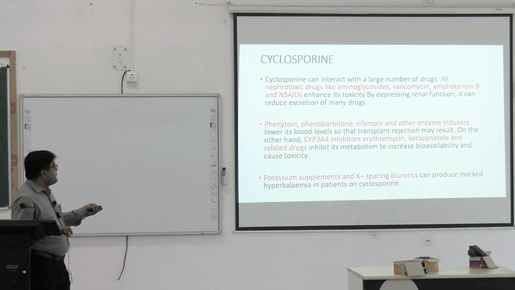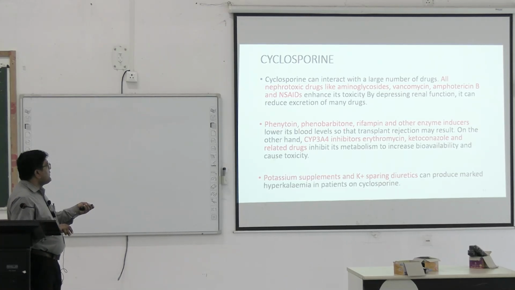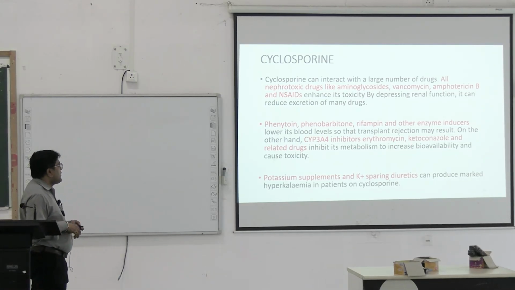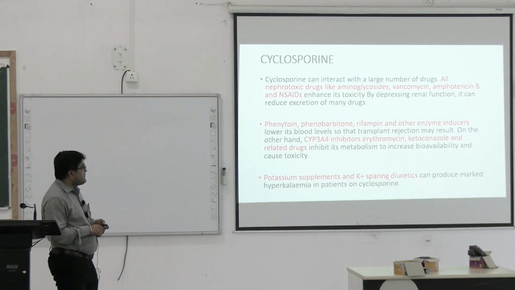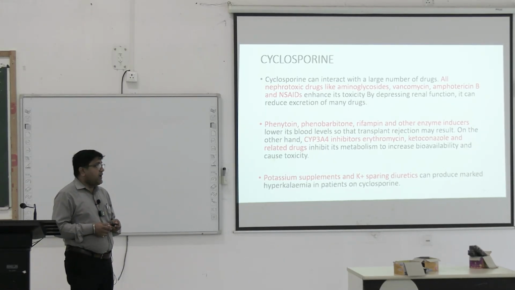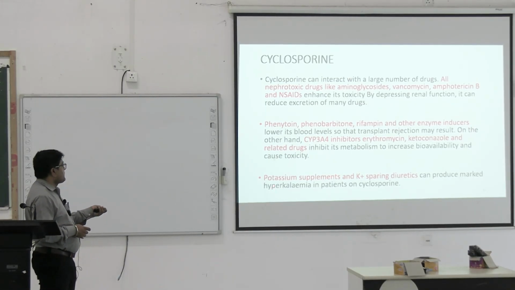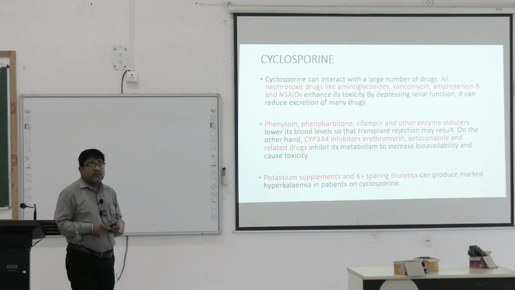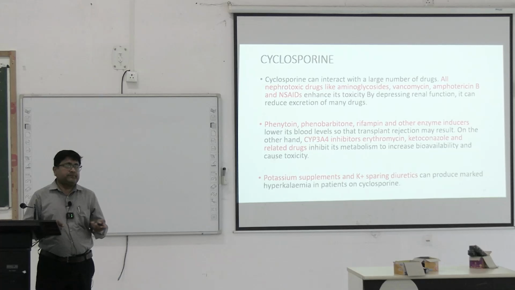So enzyme inducers like phenytoin, phenobarbital, rifampin lower its blood level. Again, CYP3A4 inhibitors like erythromycin, ketoconazole and related drugs inhibit its metabolism and the chance of toxicity is increased. Potassium supplements and potassium sparing diuretics can cause marked hyperkalemia.